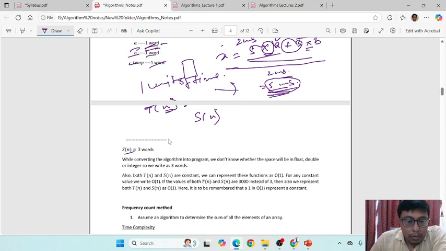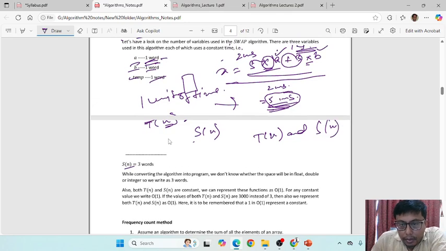Now this way we have calculated the Tn and Sn of the algorithm. While converting this algorithm into programs, we will be writing the equivalent codes, and both these functions Tn and Sn we have now determined.